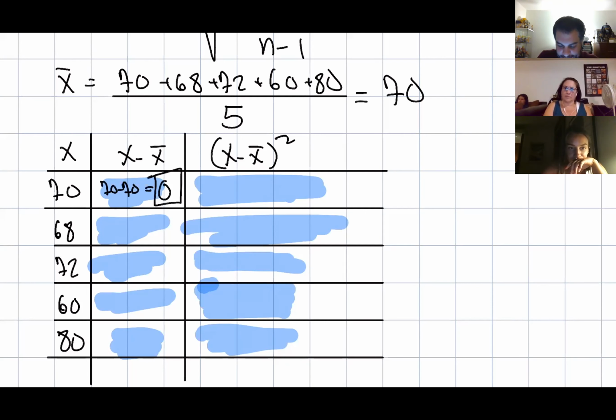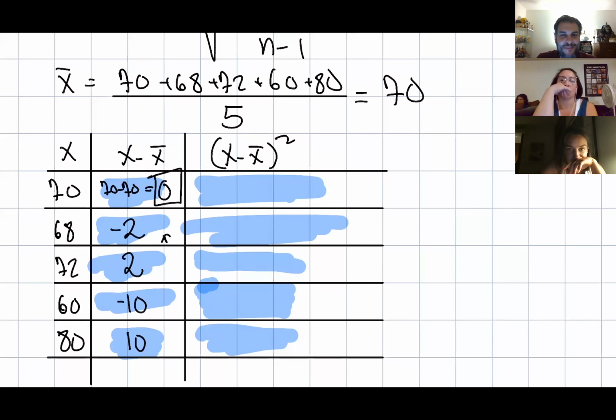We're going to do 68 minus 70, which gives us what? -2, perfect. Then 72 minus 70, you get +2. 60 minus 70, you get -10. 80 minus 70, you get +10.